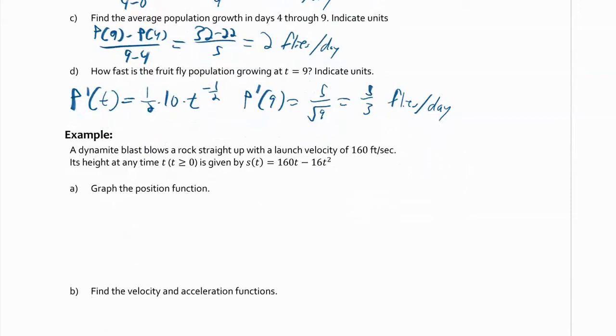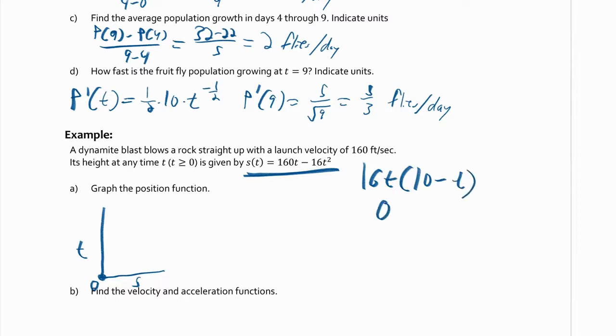Another example: if I graph the position function of a rock, where this is the position, I'm going to graph it as position versus time. So at time equals 0, I start. I know that this particular function factors into 16t times 10 minus t. So I have zeros at 0 and 10.